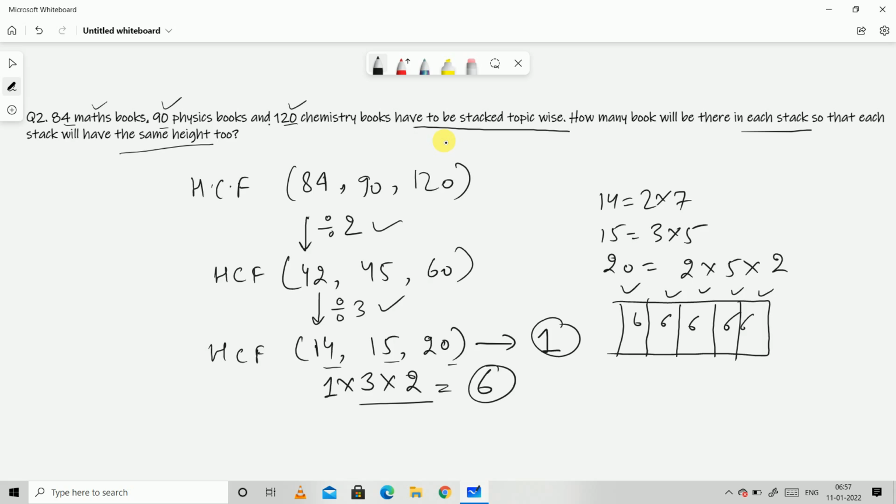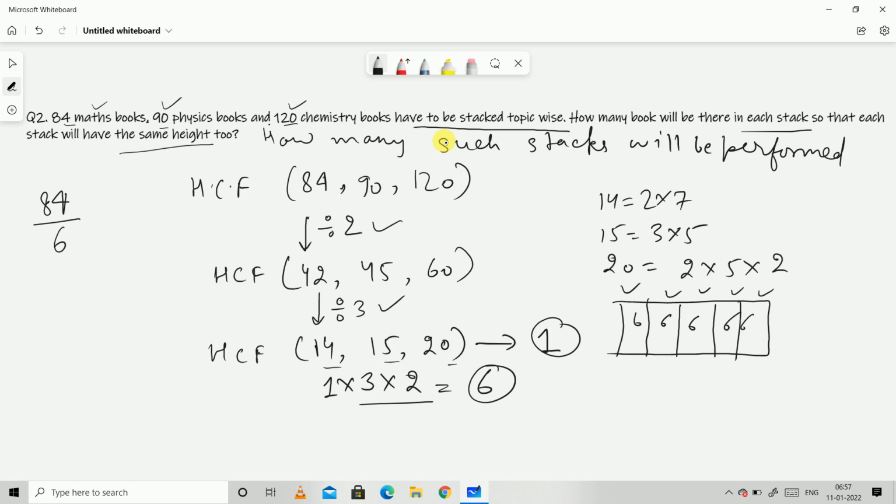Now in the question, if it would have asked you how many such stacks are possible, okay, if it was also asking you how many such stacks will be formed or are possible, then what you will do is simply find out, for the 84 maths books, if I am arranging 6 books in each of the columns or in each of the stacks, then how many such stacks I am going to get?